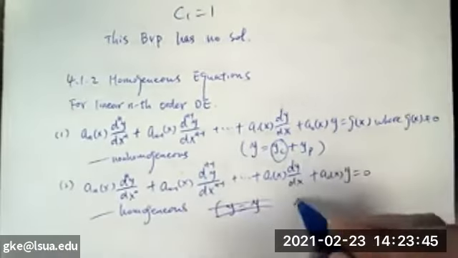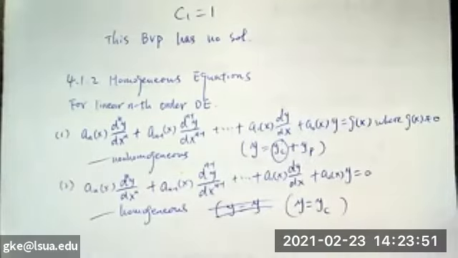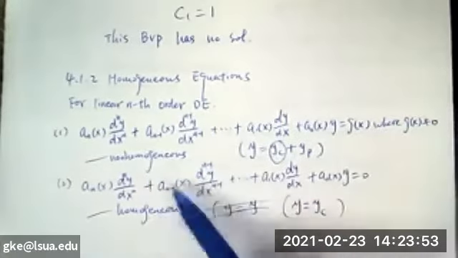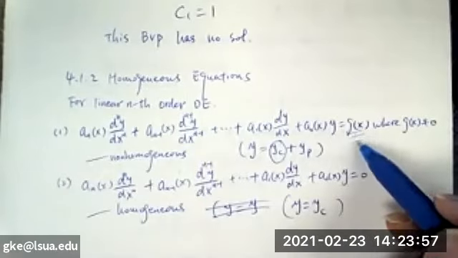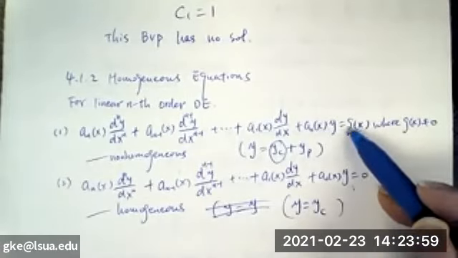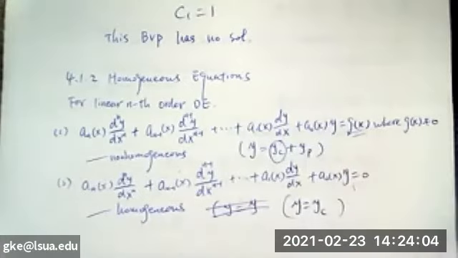And for this guy, we can write the solution is y equal to yc. So homogeneous or non-homogeneous, the basic idea is whether the g(x) equals 0 or not. If it's non-zero, that means it's non-homogeneous. That's what we learned before.